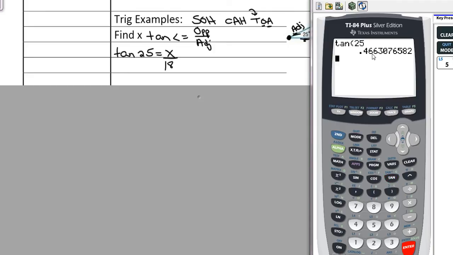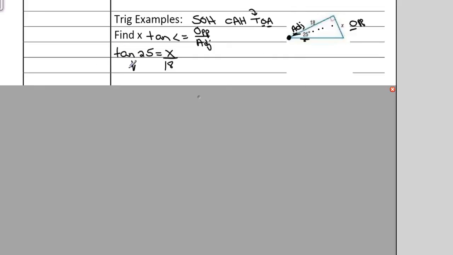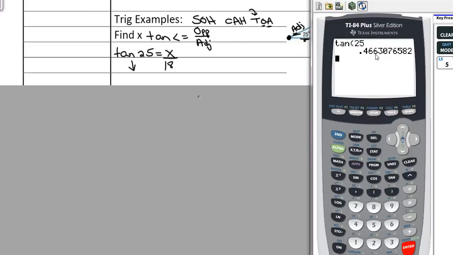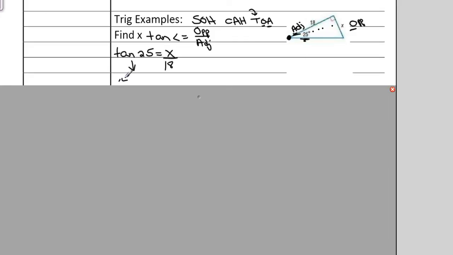Now, normally I've always told you nearest tenths. Well, now with trigonometry, we do the nearest thousandths. So it's 4 decimal places, or 4 places after the decimal. So the tangent of 25 equals 0.4663. And that equals x over 18.